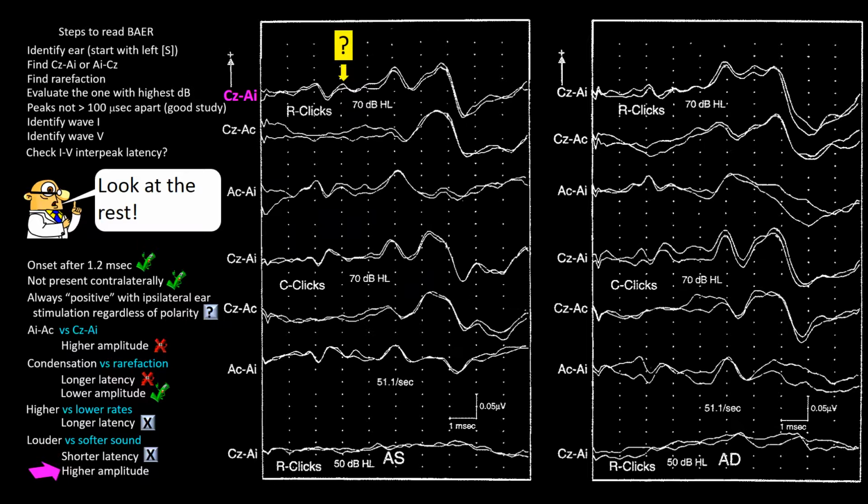The following item has to do with amplitude. Louder sounds make for waves with higher amplitude. We know that at 70 dB the amplitude of the putative wave 1 is 0.29, whereas at 50 dB it is 0.